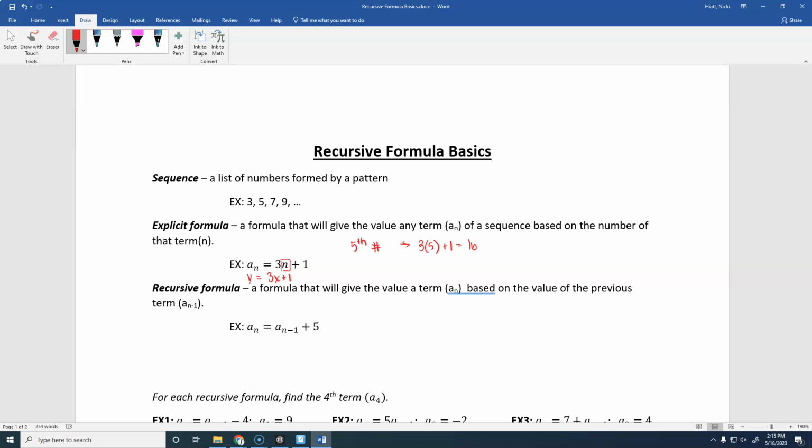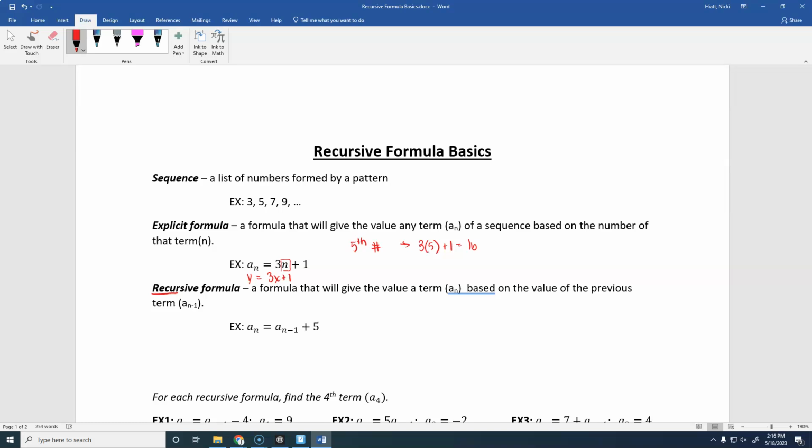But what we're going to be looking at today is a recursive formula. Okay? What does the beginning of that word recursive sound like? Recur. Something that is recurring does what?